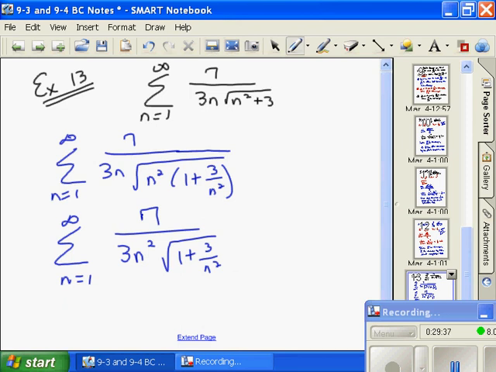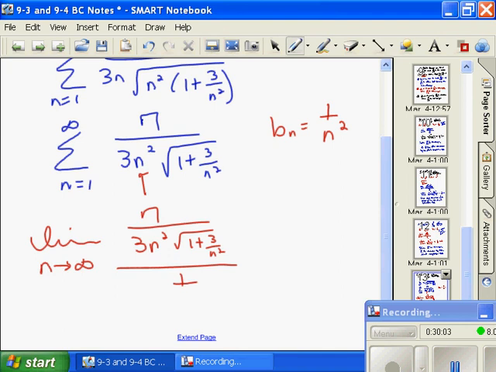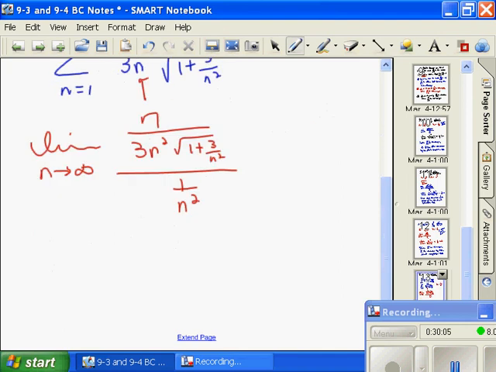Since I'm looking at this polynomial, with this n squared right there, I'm going to let my b sub n be equal to 1 over n squared, because I want to get that degree in the numerator too. So when I do my limit for this one, as n goes to infinity, I would have 7 over 3n squared times the square root of 1 plus 3 over n squared, all divided by 1 over n squared.